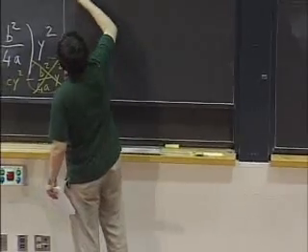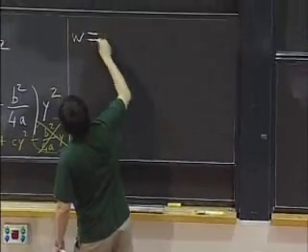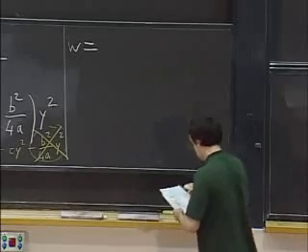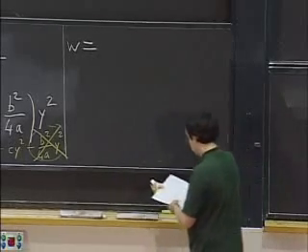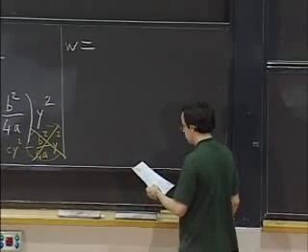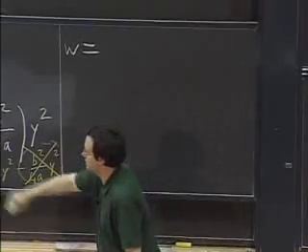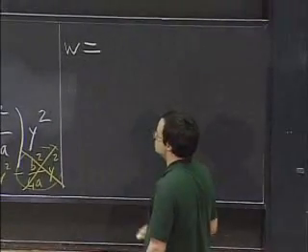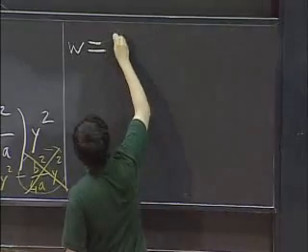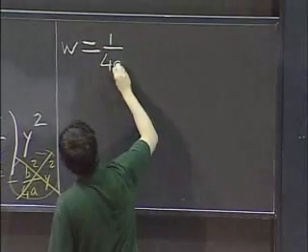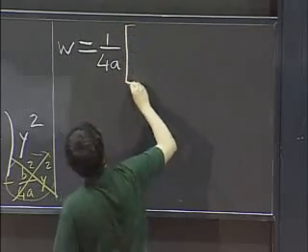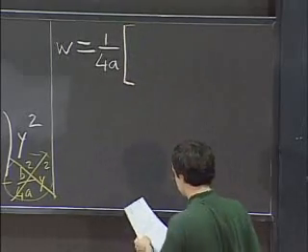Okay, so let me continue to play with this. I'm just going to put this in a slightly different form, just to clear the denominators. So I will instead write this as 1 over 4a times a big expression.